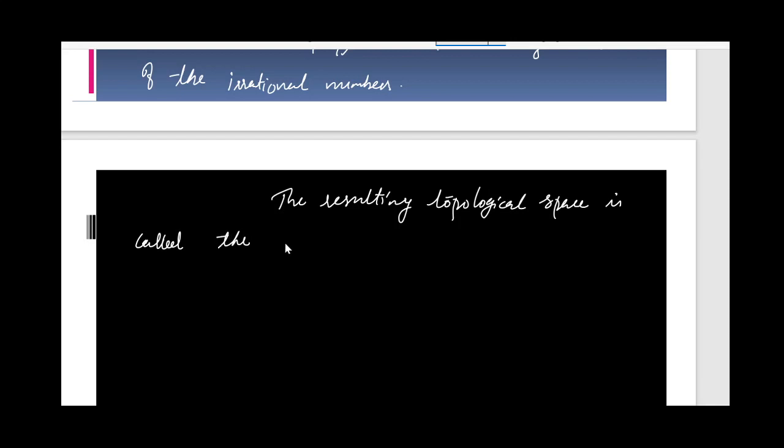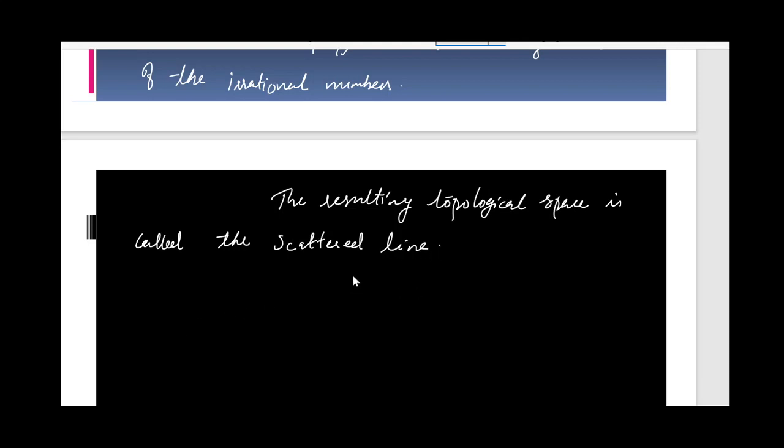The resulting topological space is called the scattered line.